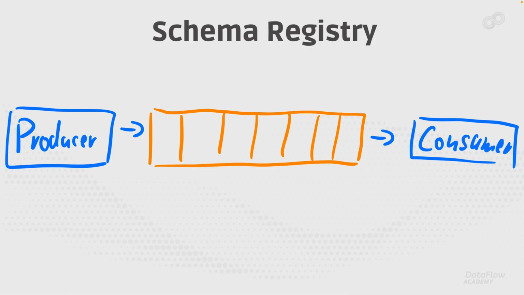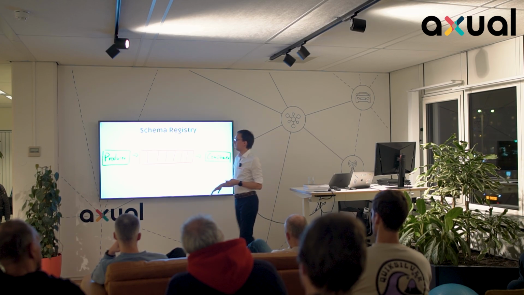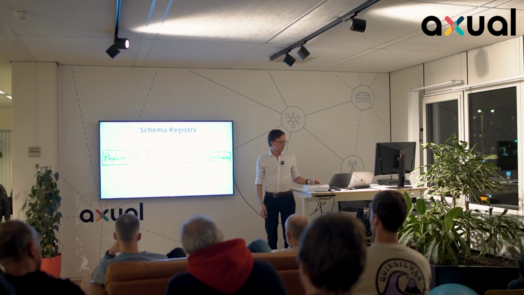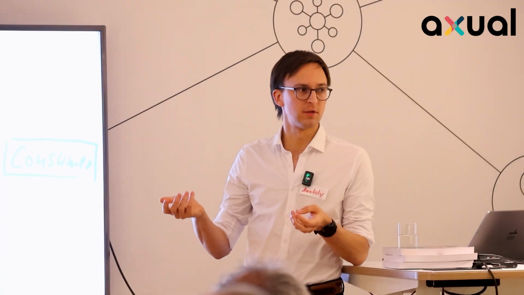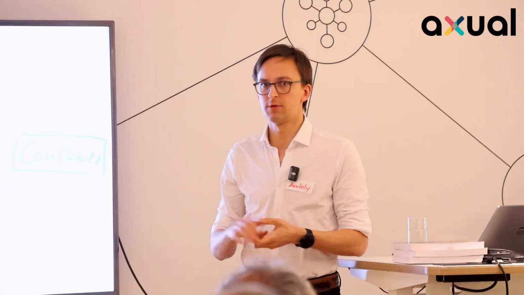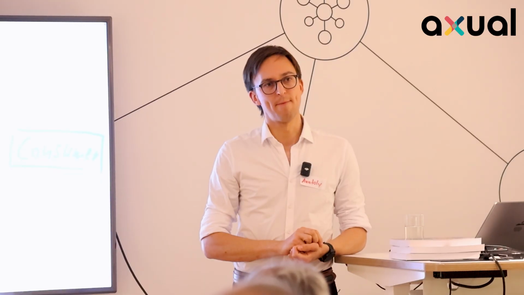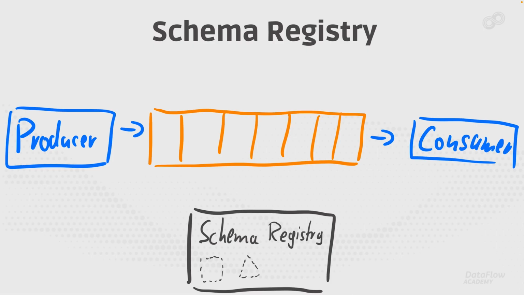One way to solve it is to introduce the schema registry. So instead of just putting the messages into the partitions, we now have the schema registry, a place where producers and consumers can register schemas, or CI/CD pipelines can register schemas. When a producer tries to produce a bad message, the producer library will stop it from doing so. So first, how does it work?